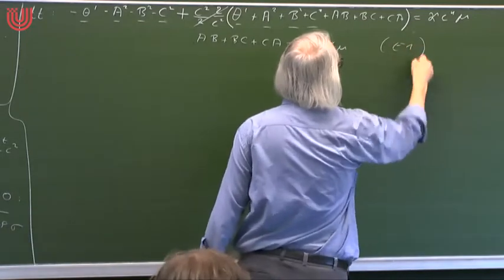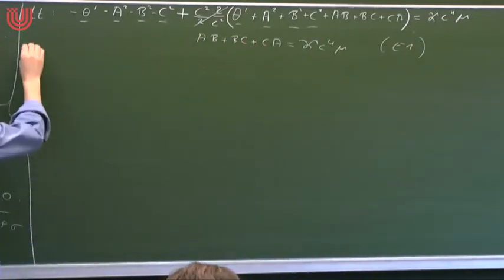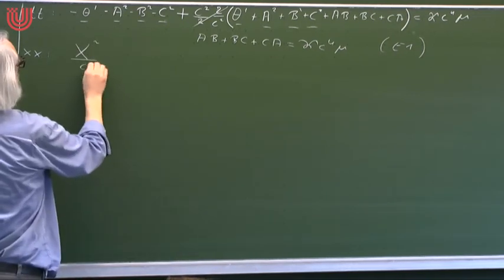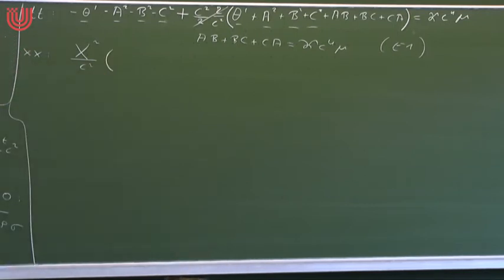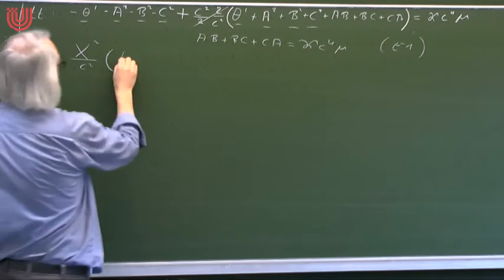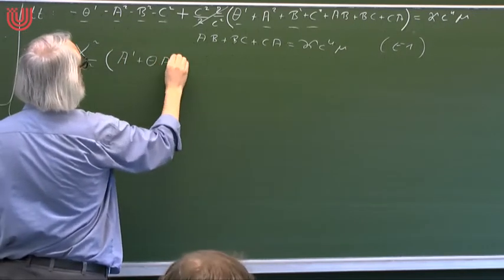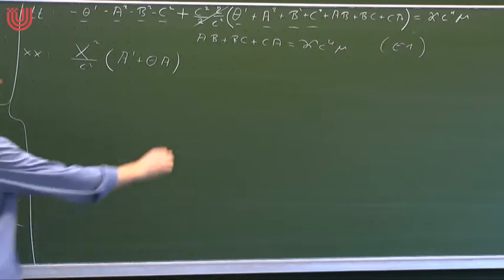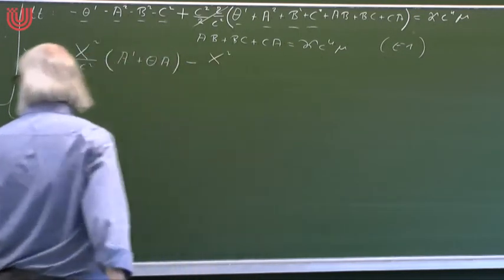Let's call it E1. Then we have the xx component. R_xx is this here, capital X squared over c squared, a prime plus theta a. And now minus g_xx times R half. g_xx is minus X squared.